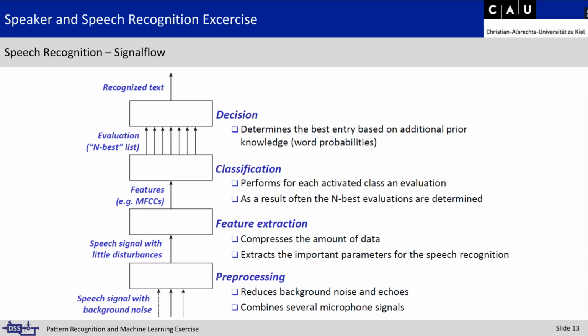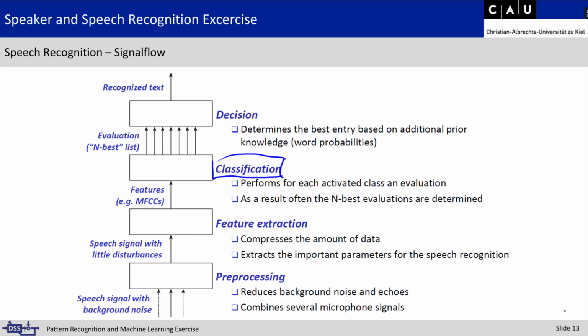There we want to extract the important part of that speech signal. This might be LPC or MFC coefficients, and from that we want to use less data, so we only want to extract the important part of it. Afterwards, we do some classification. In the classification, we want to look up the best fit for our input.